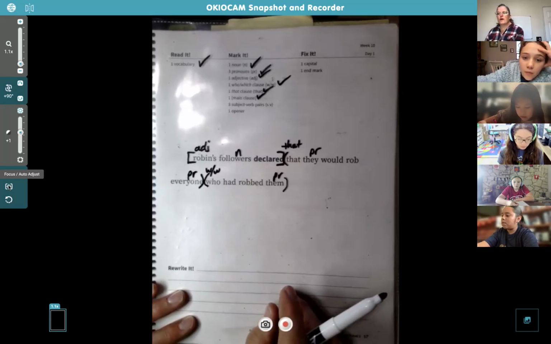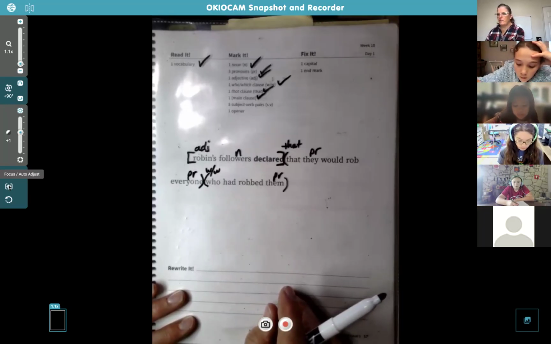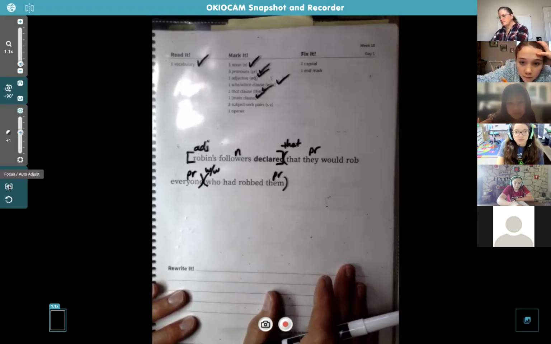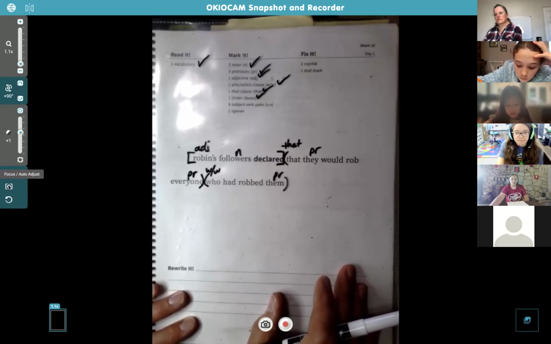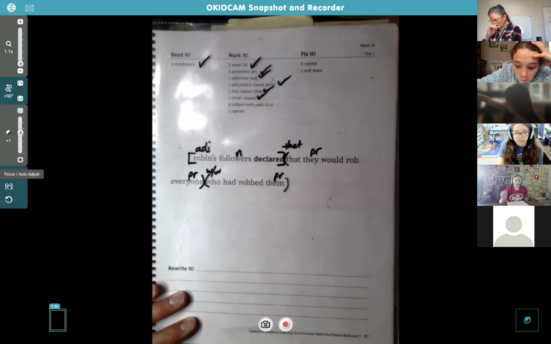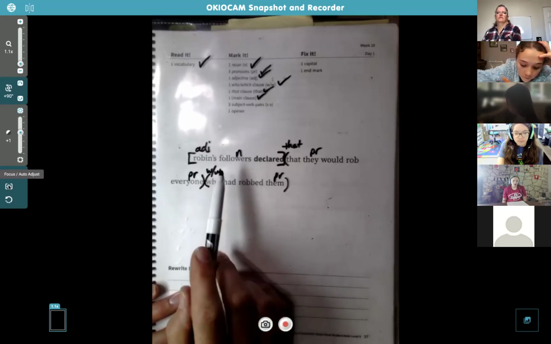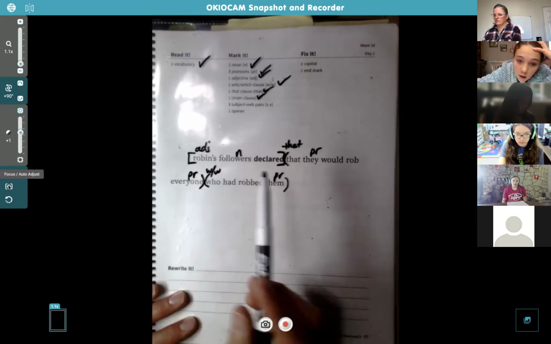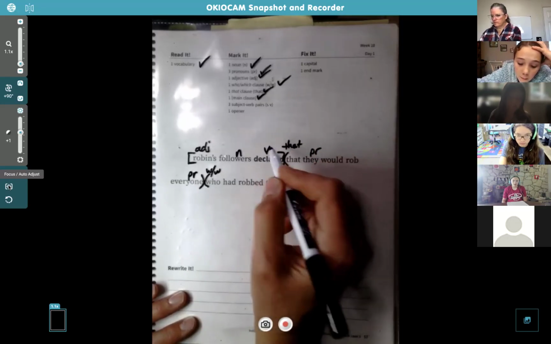All right, so each one of these clauses, Dakota, has a subject-verb pair. Okay, some of them have more than one verb. So how about you help us find those subject-verb pairs in each clause? Declared is a verb.